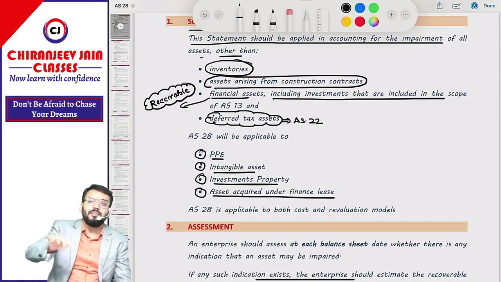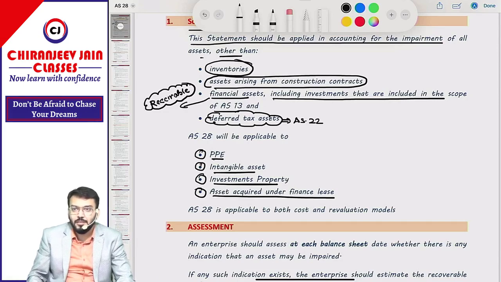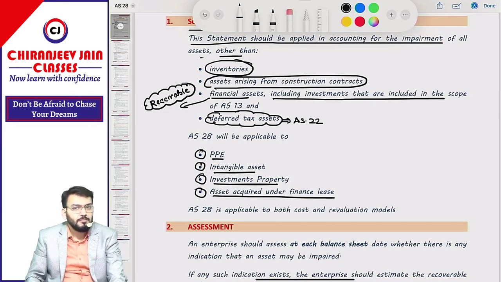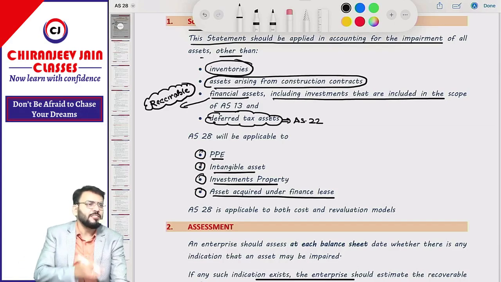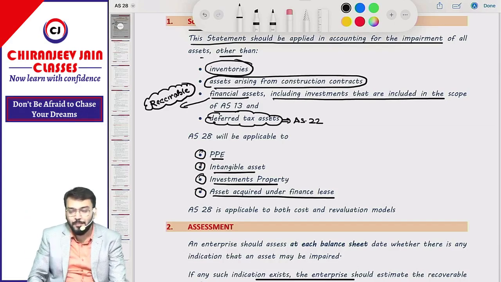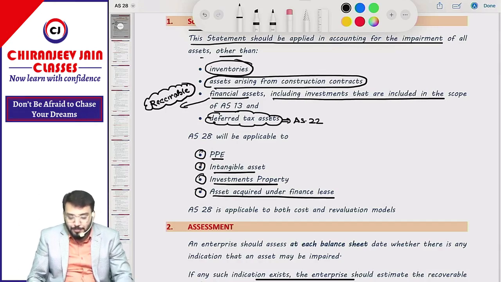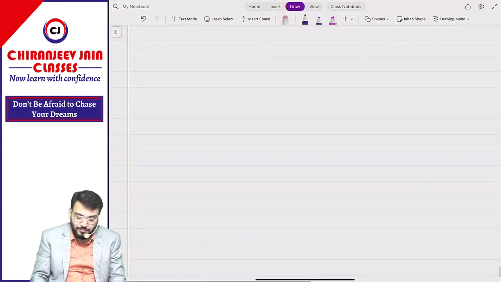So what is the meaning of impairment? Impairment means reduction in the value of asset. Whether depreciation and impairment are same? No. Depreciation means systematic allocation of cost price or depreciable amount over the useful life of asset. So depreciation is not impairment. Impairment means reduction in the value of asset. Have you understood this point?